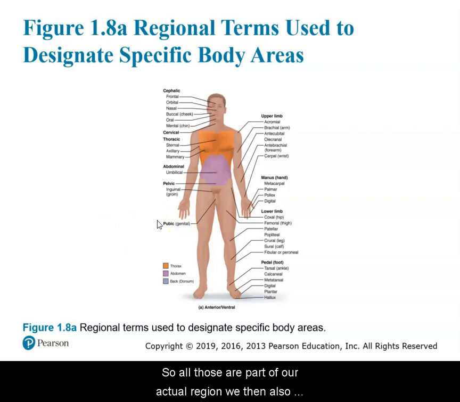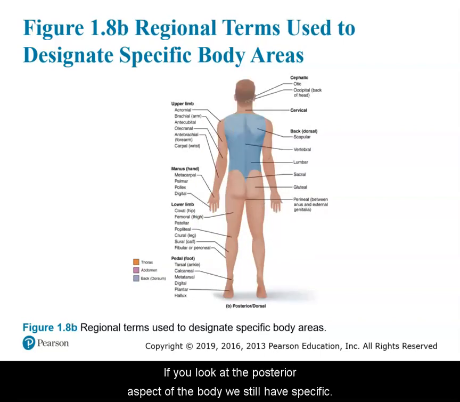All of those are part of our axial region. We then also have our appendicular regions that include areas within the upper and lower limb, as well as our hand and our foot. All areas within the appendicular region attach to the axial region.